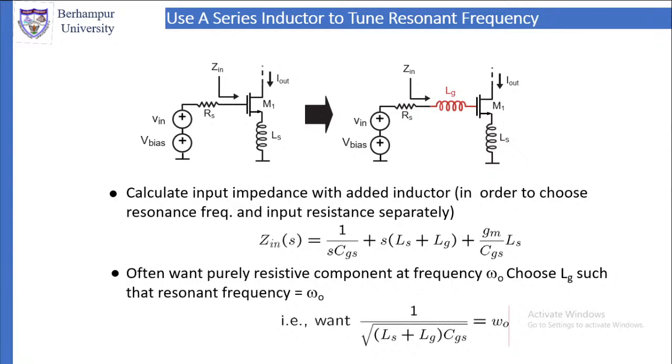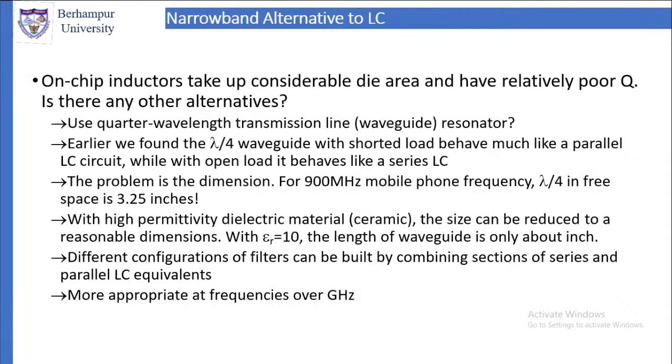That is the resonance condition, omega is equal to 1 by root LC. If that condition is satisfied, then you will get a pure resistive component at the resonant frequency. Any RLC circuit which satisfies the condition omega 0 is equal to 1 by root LC resonates at that frequency, and at resonance it has only a resistive component, other components are neutralized automatically.